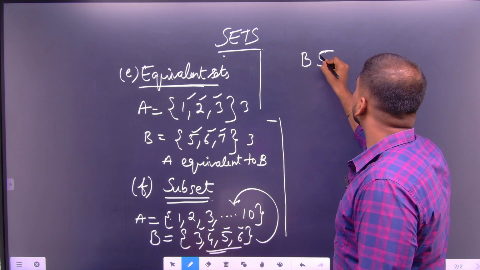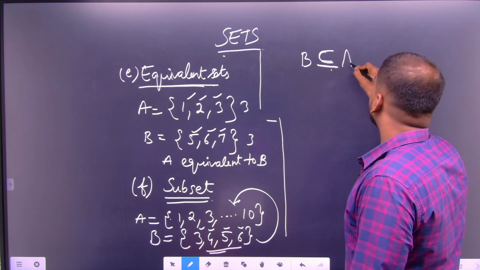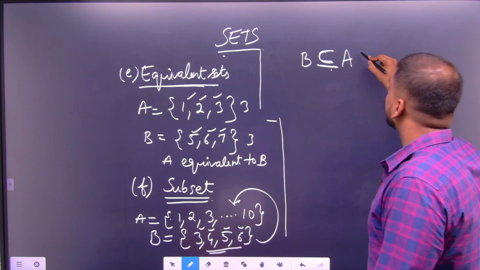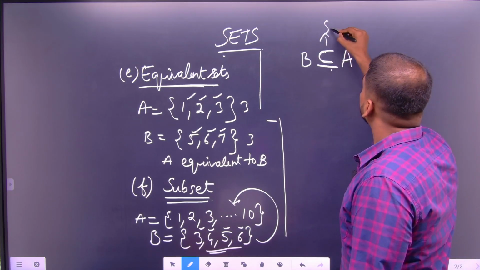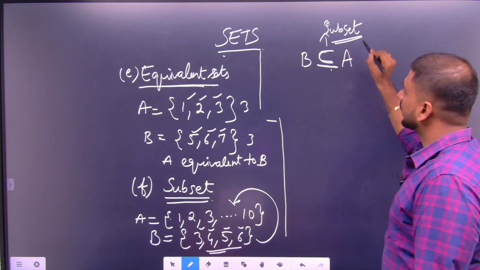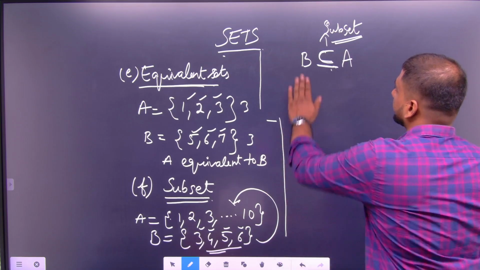So this is the denotion of writing subset of A. So this is the notation of how to write a subset. So this means subset. Okay. B is the subset of A.